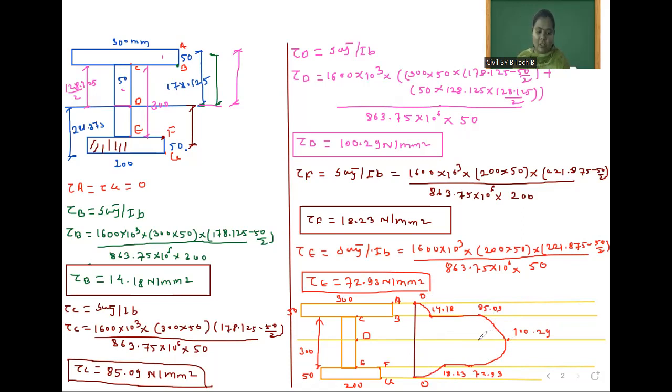So this is the shear stress distribution diagram. If an unsymmetric section is given, at that time you have to solve the question likewise.